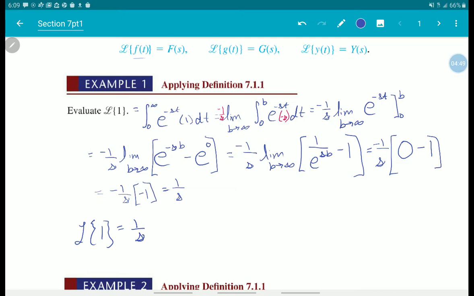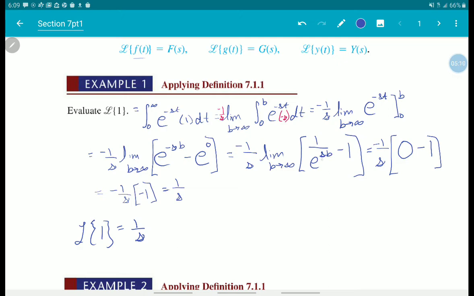Now, usually we want to talk about where that integral would converge. For what values of s will this force convergence? Well, it may be easier to think about this in this step, I would say.